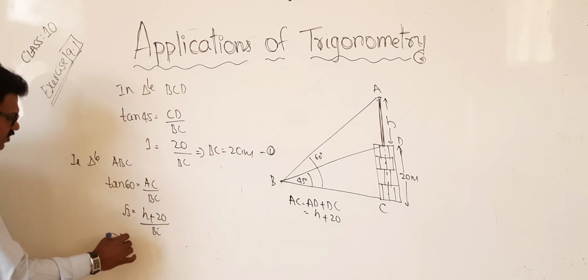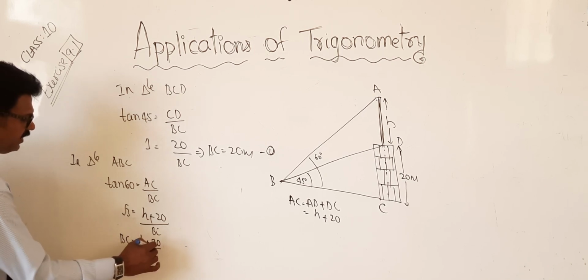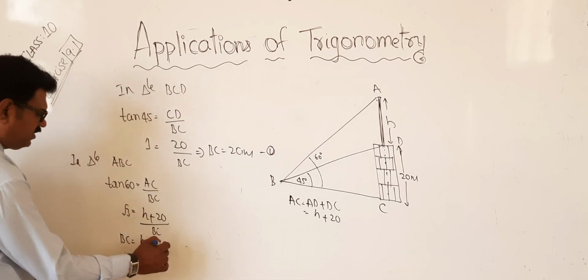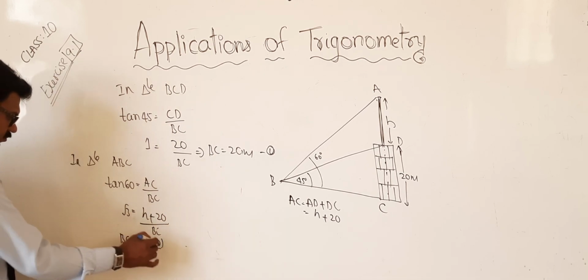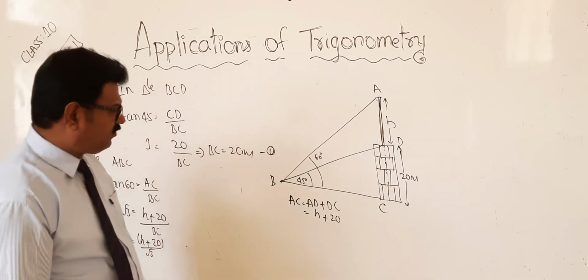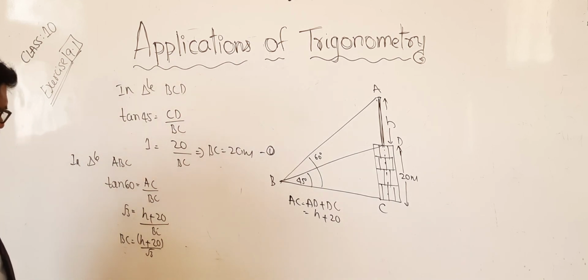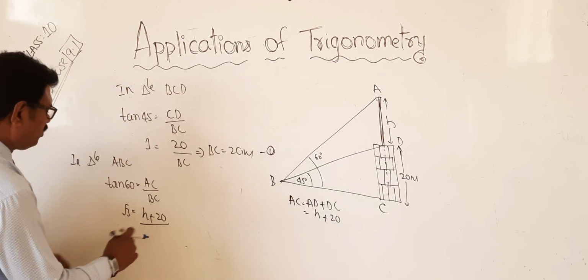Therefore, BC is equal to H plus 20 divided by root 3. Sorry, BC is already given, we got 20.